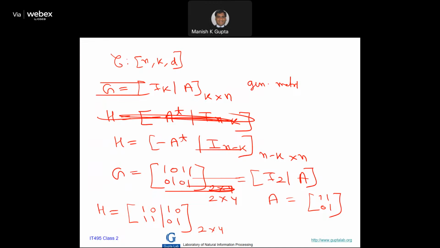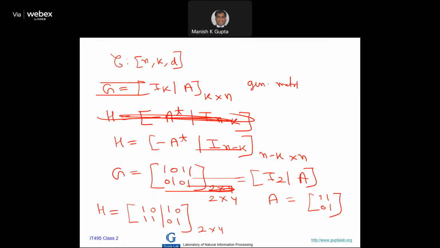So given G, I can find H by this formula. Of course, there is a proof for this formula, but I am skipping it. Given G, I can find H like this: minus A transpose, I_(n-k).